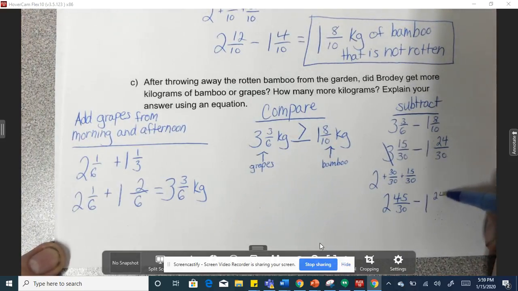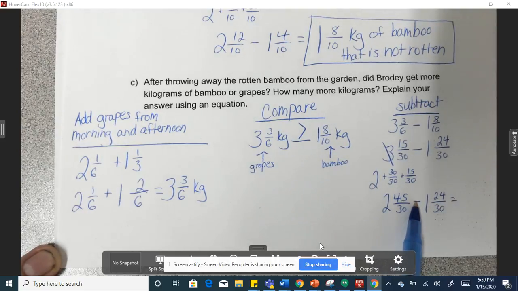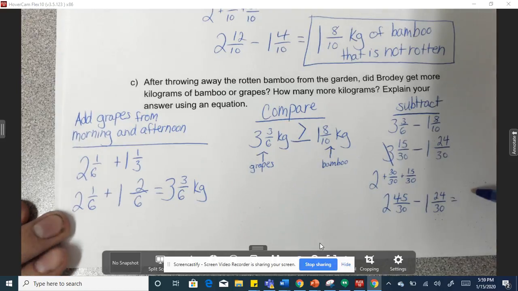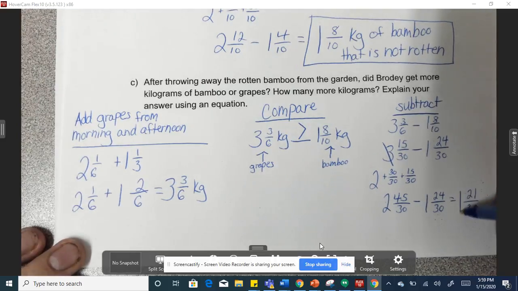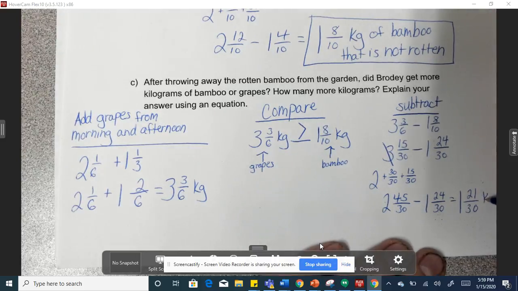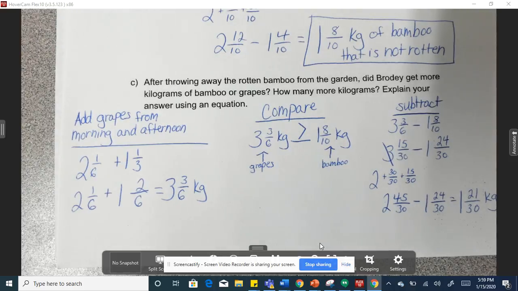Now we can subtract 1 and 24/30. Starting with the fraction, 45/30 minus 24/30 is 21 over 30. And let's see, 2 minus 1 is 1. So he has 1 and 21/30 kilograms more grapes than bamboo.